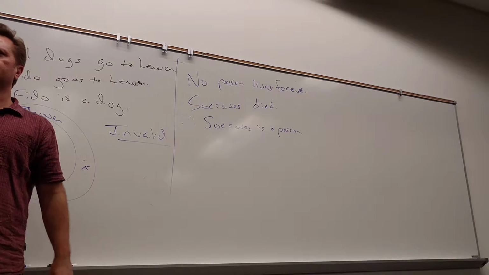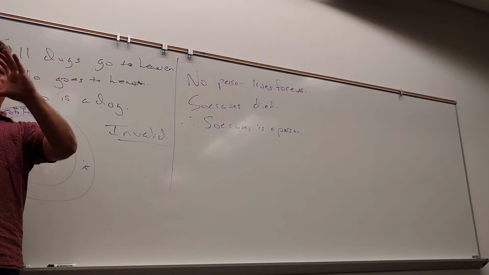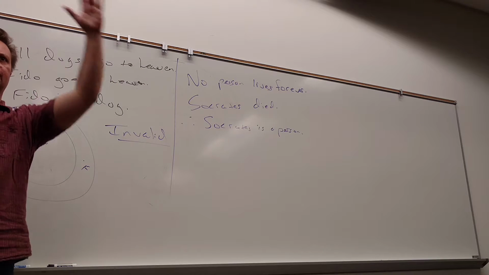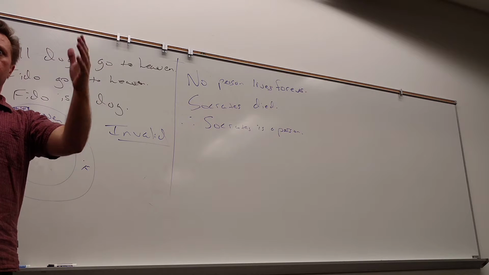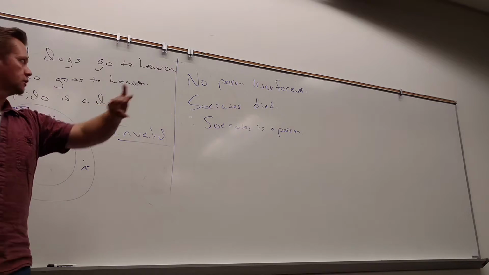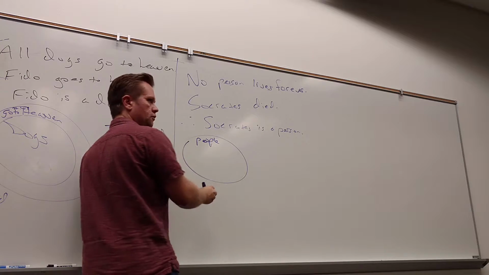This is a neat one. I like this. So when I say all, that means one circle has to be inside of the other one, right? All of this is inside this. When I say no, that means, of course, what's true? Circles have to be separate, totally separate. So, put all the people in the universe here, right?